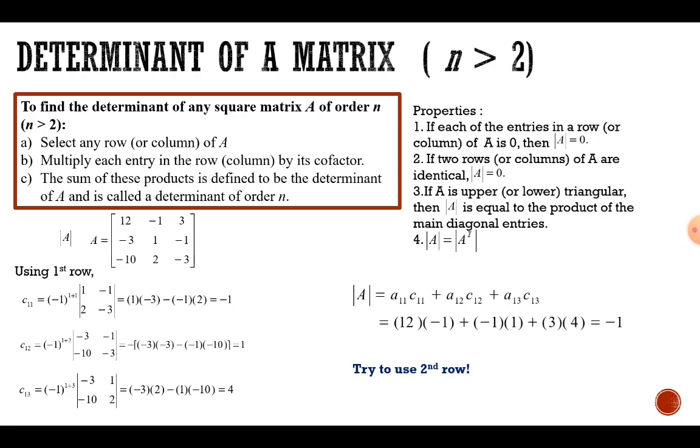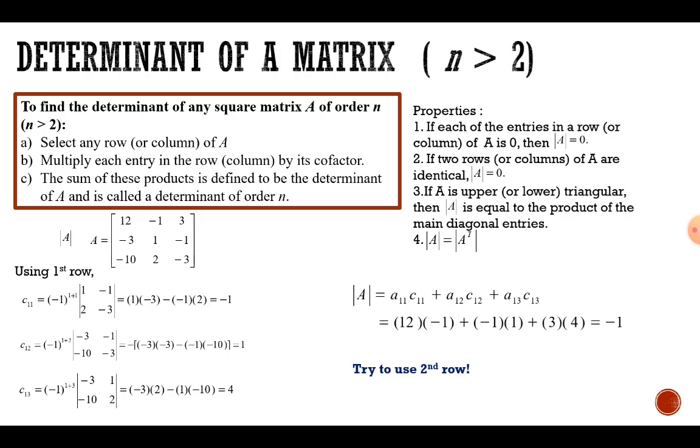Okay, yang ni lah yang sedikit mencabar lah. Okay, where to determine the matrix for more than 2. Okay, for more than 2. Well, for our case here, we discuss 3 times 3 matrix.